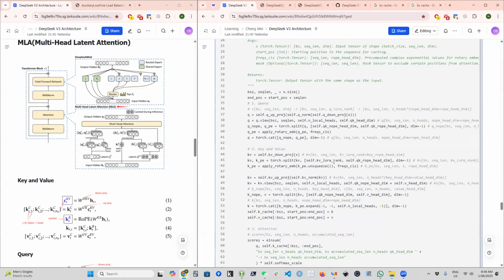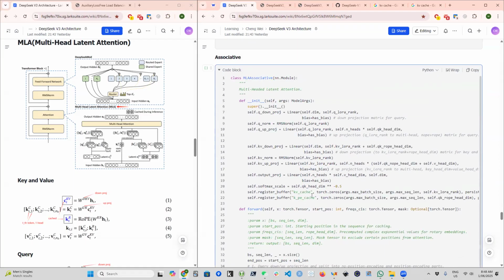But in here we only cache batch size, sequence length, then KV LoRA, right? So are we going to do it every time? What do you mean? So how will we use the cache? Yeah, I will show you later.